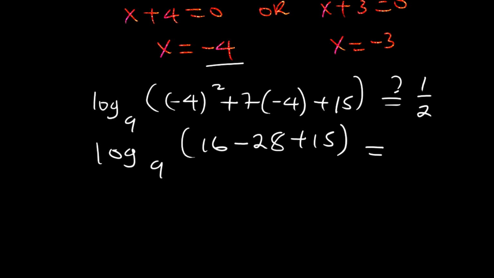And we check if that will give us half. So 16 minus 28 plus 15 is the same as 3.